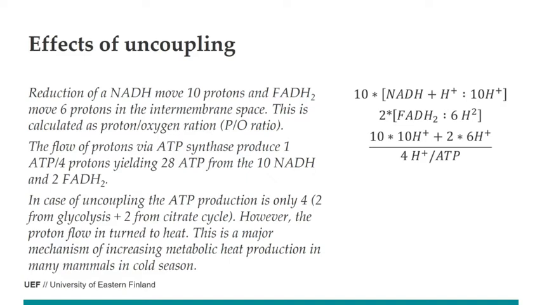And this is the major mechanism increasing the metabolic heat in mammals in the cold season. So that's what happens in Finland in the wintertime. This is the way the animals increase heat production to prevent getting cold.